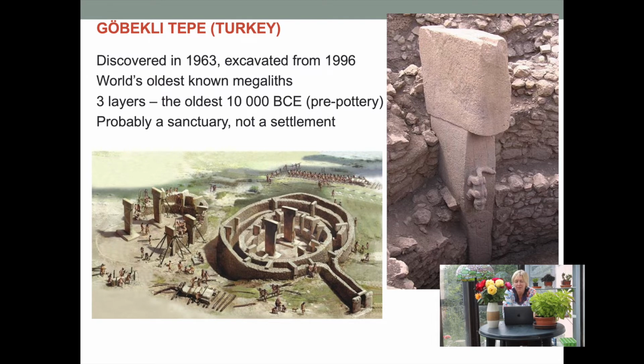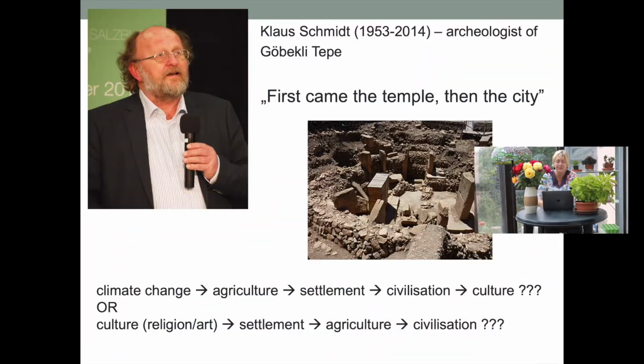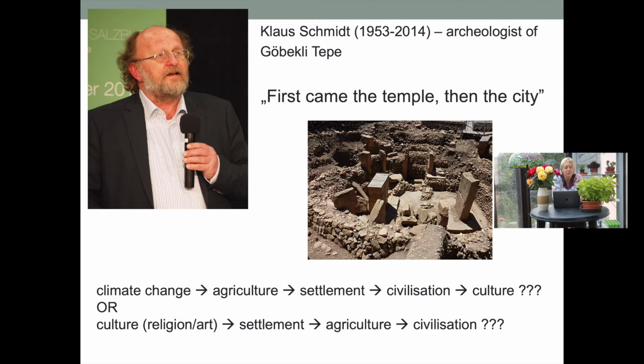It's 10,000 years before Common Era. So this is before the pottery, this is before the towns, this is before agriculture, and probably this was not a settlement, but again a sanctuary, a place of symbolic relevance rather than something connected to daily life.